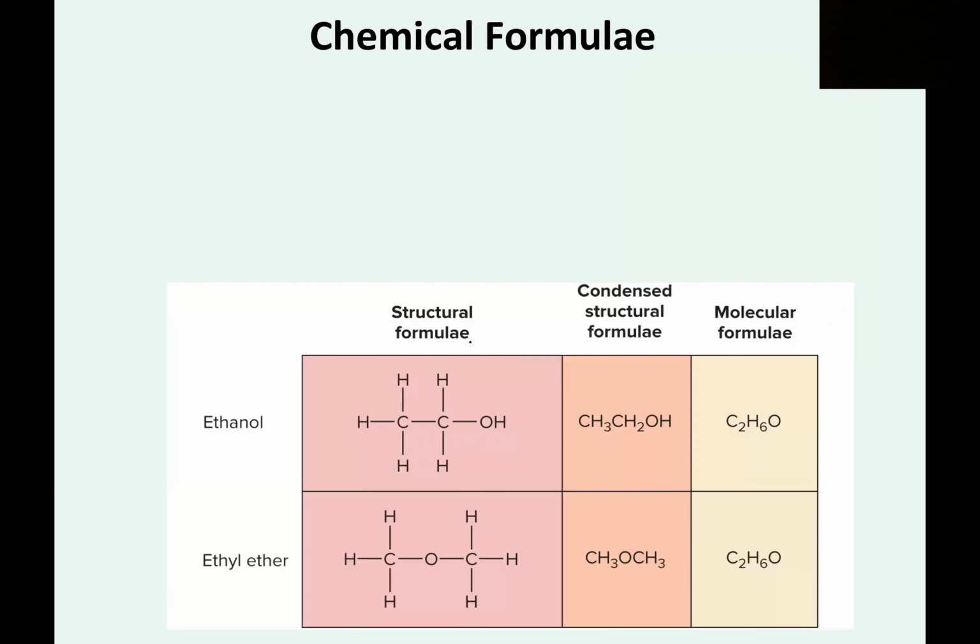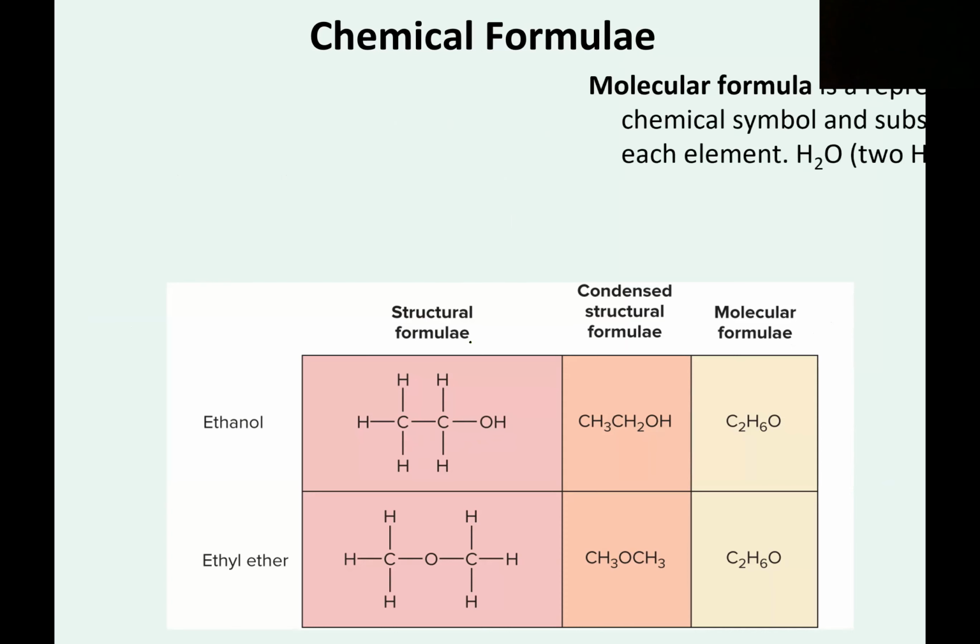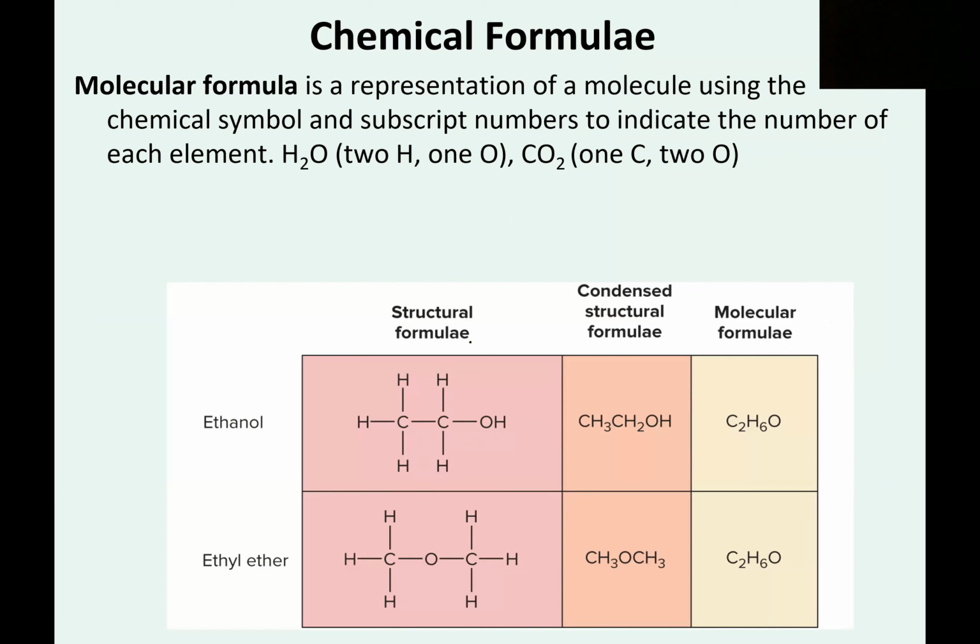Next, we have chemical formulae. Chemical formulae is plural, formula is singular. There are 2 representations that we use with formulas. A molecular formula is a representation of a molecule where you use the chemical symbols and subscripts to indicate the number.